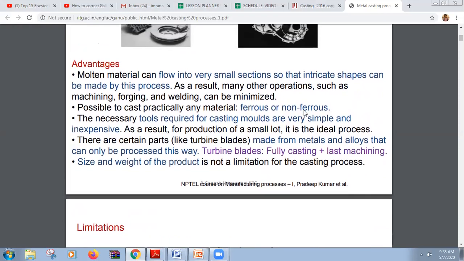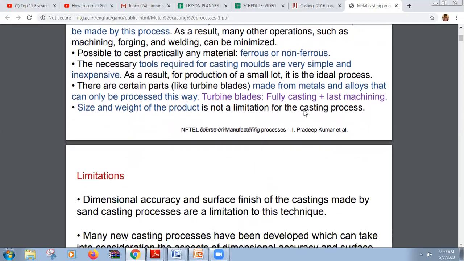So casting is the process that can be applied, and most of the parts of manufacturing, 70-80% parts are made by it. A rough approximation says that up to 70 or 80% parts are made by the casting process, and it is preferred over other manufacturing processes.